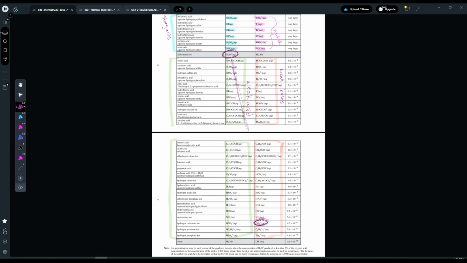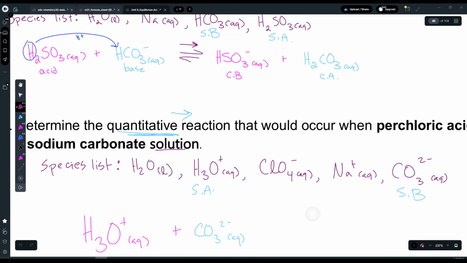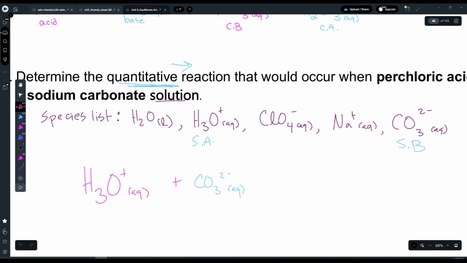So if I make it super obvious here, there's the downhill line. So acid is above the base. That means products are favored or the forward reaction is favored. But since we were told that this was a quantitative reaction, I'm only going to use this arrow.